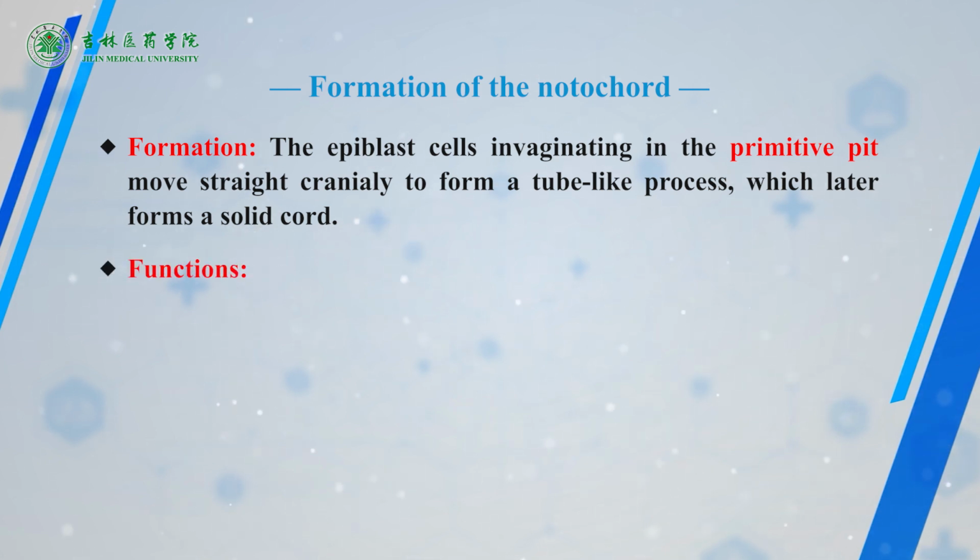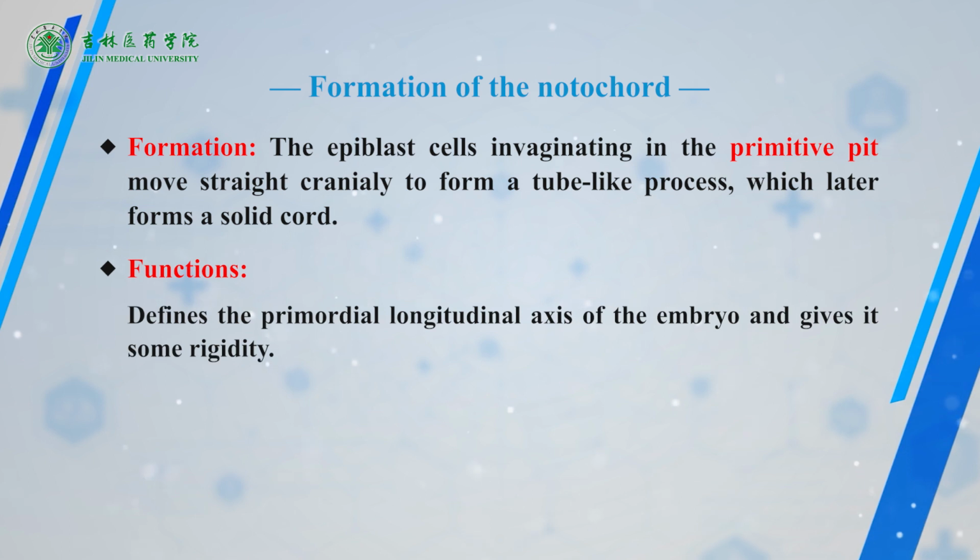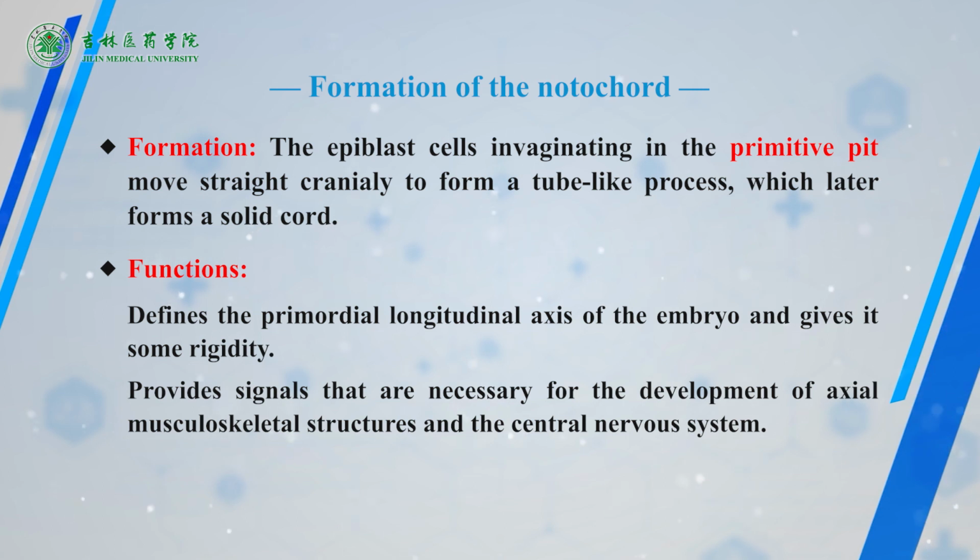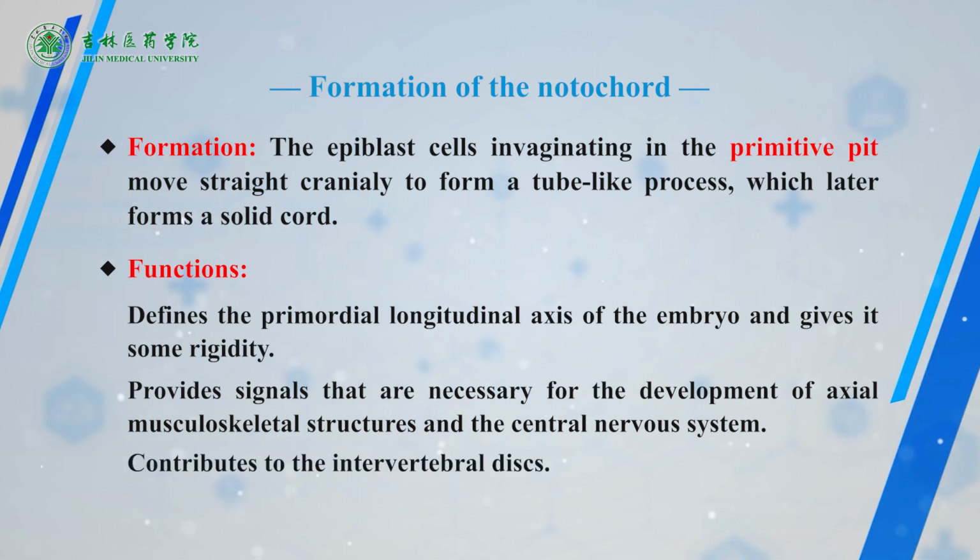The functions of the notochord are: it defines the primordial longitudinal axis of the embryo, and it gives it some rigidity. It provides signals that are necessary for the development of axial musculoskeletal structure and the central nervous system. It contributes to the intervertebral discs.